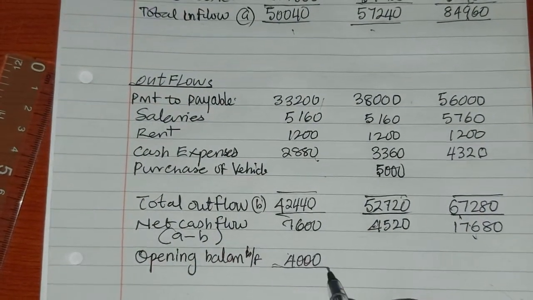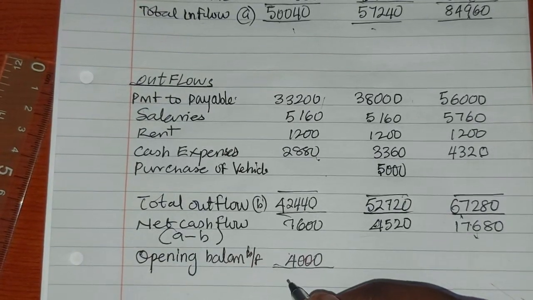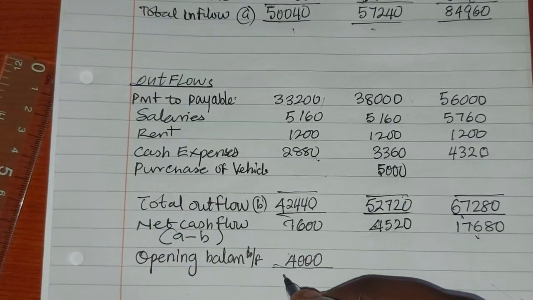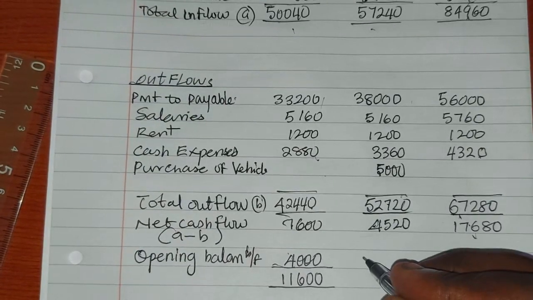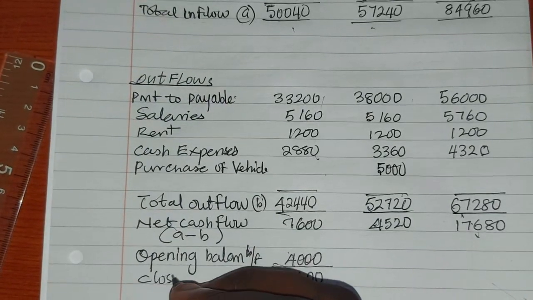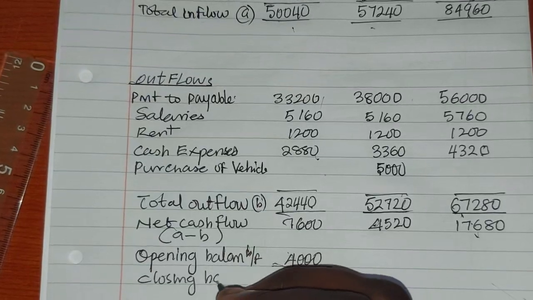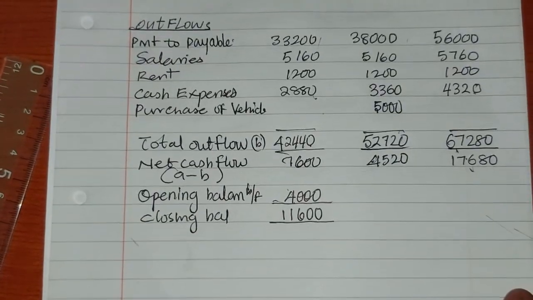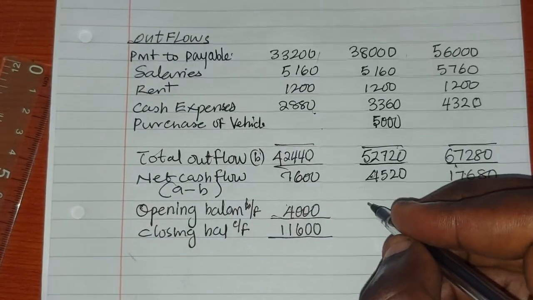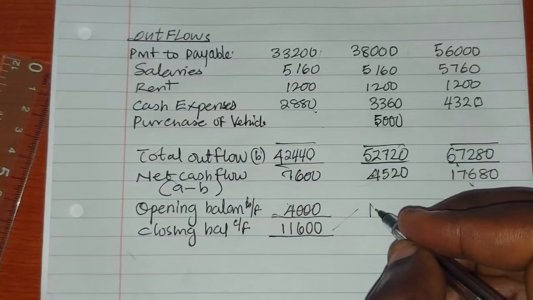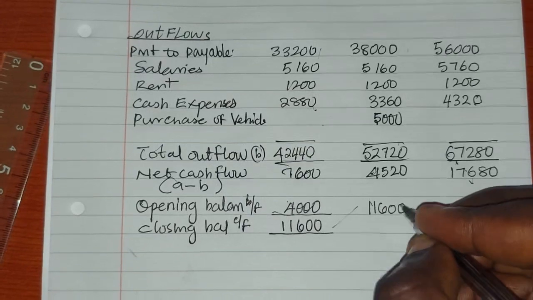Then we add, when you add to this, it gives 116. Then this is closing balance. This closing balance, carry forward. Then this will come to this place, 1600.